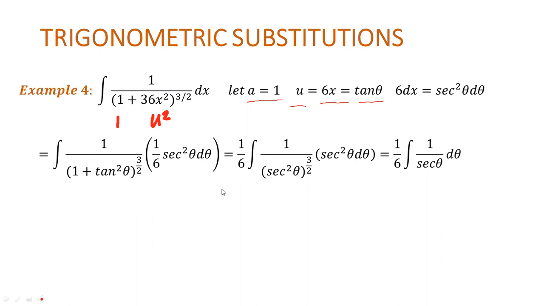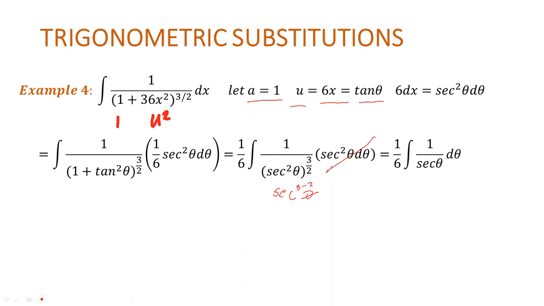We place 1/6 here. The secant squared theta raised to 3 halves will be secant cubed theta. But since you have a secant squared here, the secant squared cancels, and this one is now secant cubed theta.